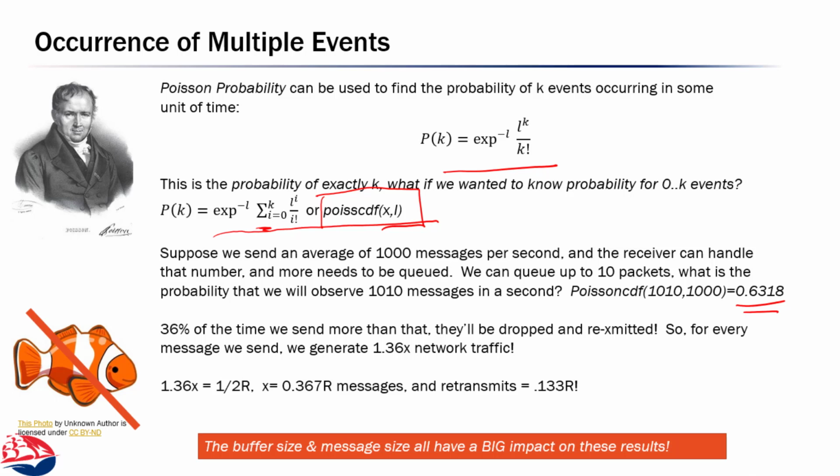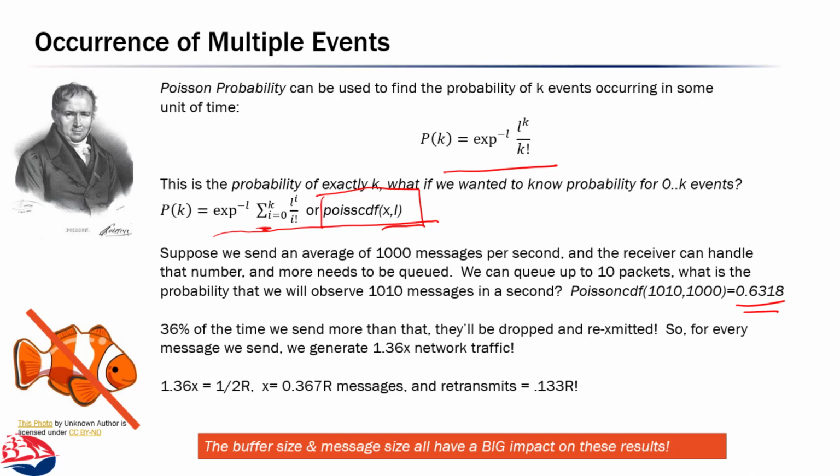Now that we have the formulas, we can actually calculate this. 1.36x is equal to 1/2 R. X, our percentage of retransmission messages, is 0.367, and retransmits is, look at that, about 1.33 R messages. It just happened to have worked out that way.